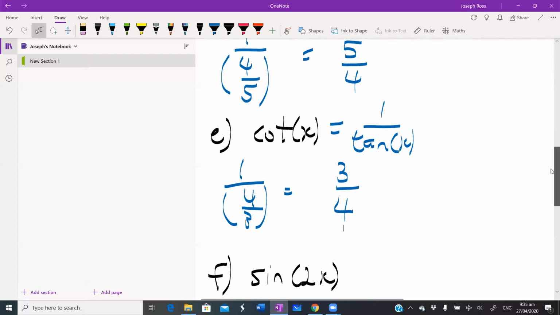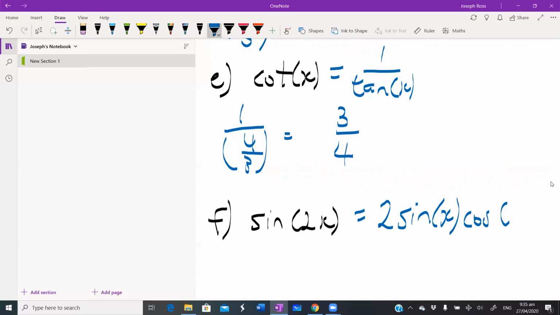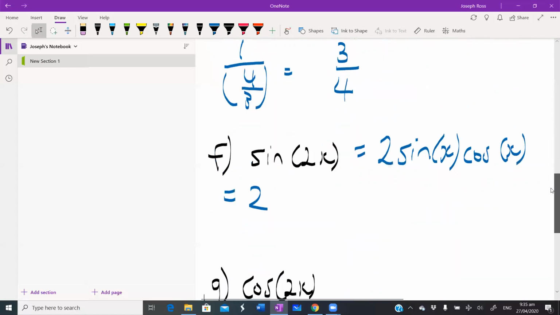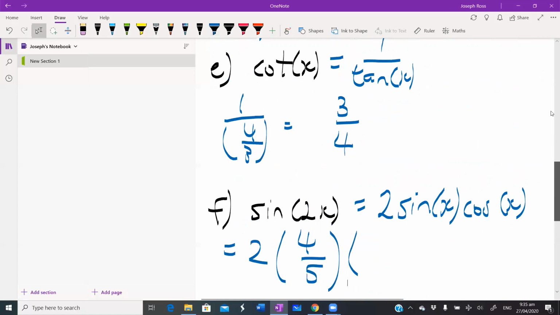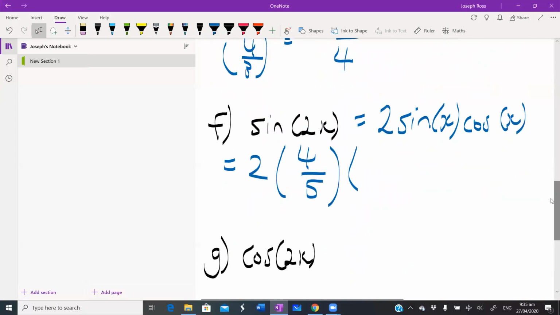Now we come to sine of 2x, and from the formula sheet, again, we've got a formula for that, which is 2 multiplied by sine x multiplied by cosine x. So this is going to be 2 multiplied by sine x. What did we find before? We found that sine x was 4 over 5. So 2 times 4 over 5. And in the original question, we were given that cosine of x is 3 over 5.